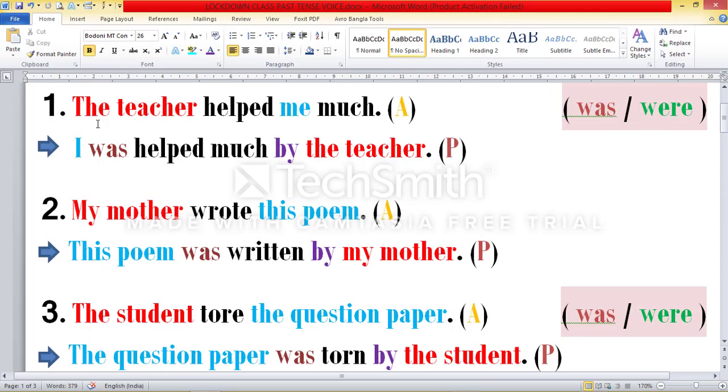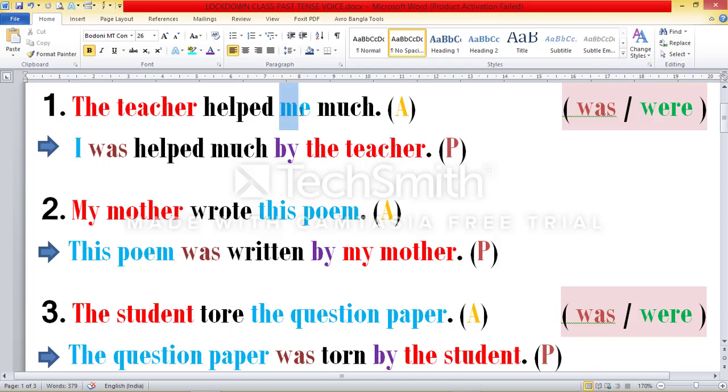The first sentence is, the teacher helped me much. This is a sentence of active voice, and in order to change it into passive, first of all, we have to find out the object.